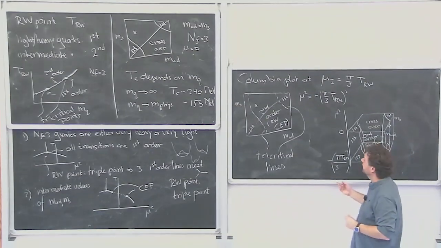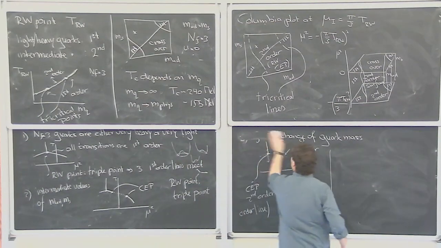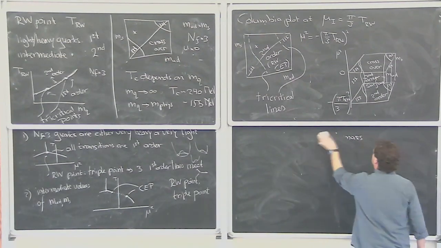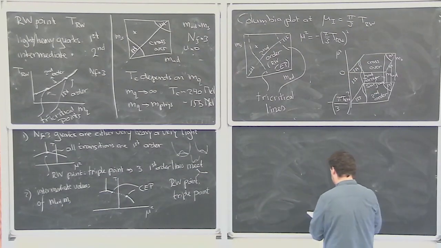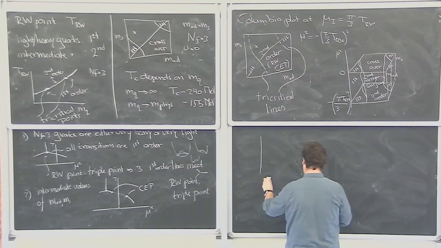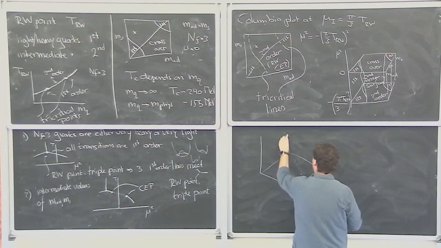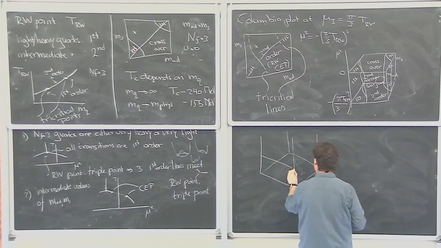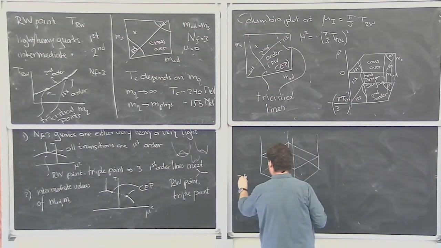So let me try to draw it again without all the letters in between. So I'm going to copy this nice figure here. So this is minus pi over 3.